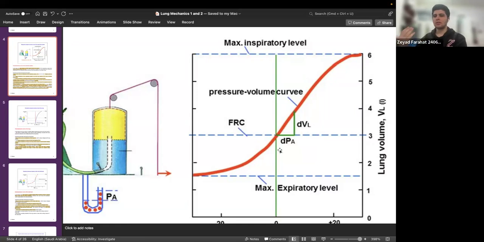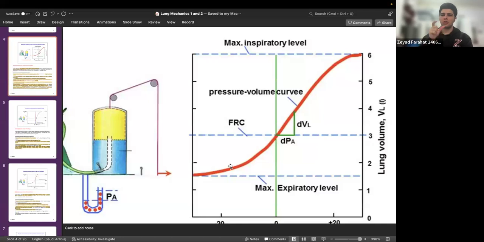That kind of explains why we have a tidal volume, an inspiratory reserve and an expiratory reserve, because you can always push your lungs to expire more air, or you can push your lungs to inspire more air. But realistically, that's not what happens.